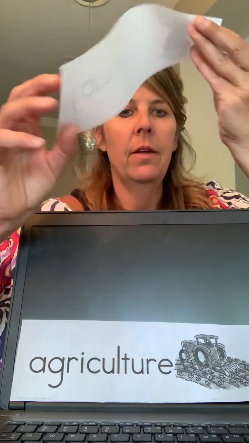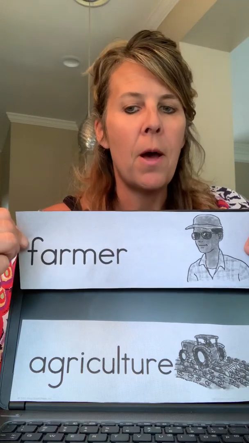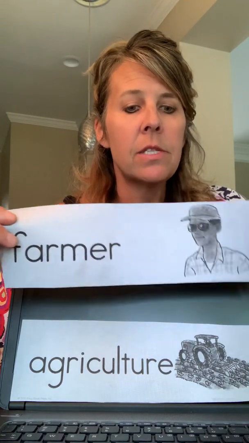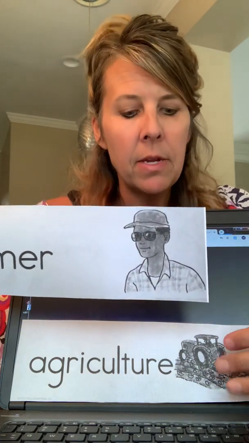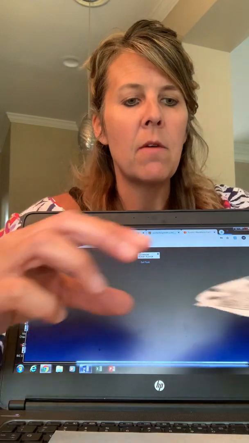Agriculture. What is agriculture? What is that? Oh, if we look at the picture, it gives us a clue. It looks like it's a tractor. Maybe a garden. I see some dirt and plants. That's right. This farmer is using his tractor to grow some crops. And he's also having his animals on the farm to raise his livestock.